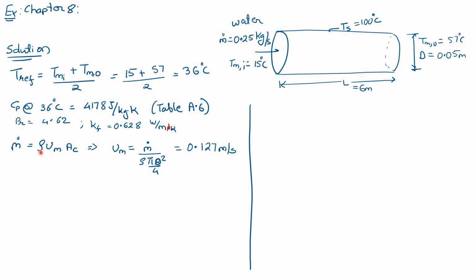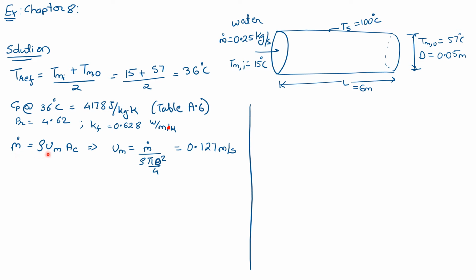Then the next thing is that we need to characterize our flow. To characterize our flow, we need to know what our Reynolds number is. And to find our Reynolds number, we should know what our mean velocity is. To calculate our mean velocity, we've seen that it's related to the mass flow rate.